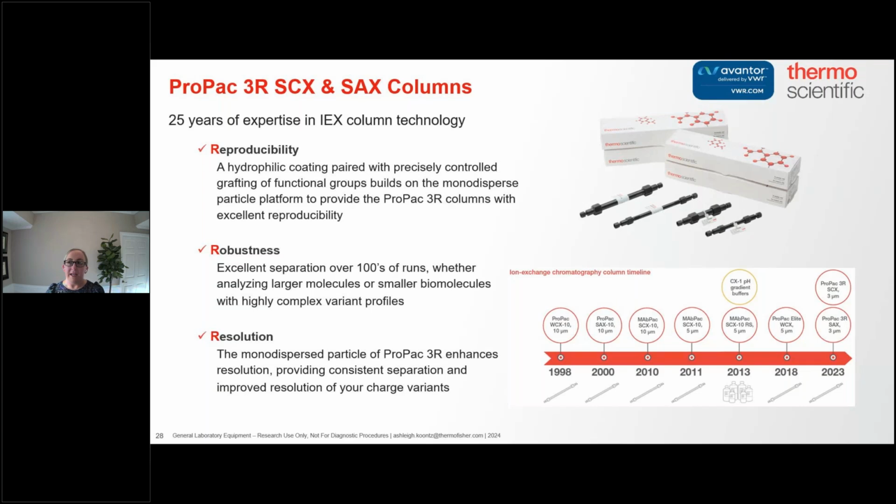Really taking all the way back from 1998, we've had various ion exchange columns brought to market, utilizing feedback from customers in terms of any pain points and issues. We really wanted to focus on the development of these ion exchange columns to give the most reliable reproducibility, robustness, and resolution. And again, a lot of that is hinging on that monodisperse particle innovation.